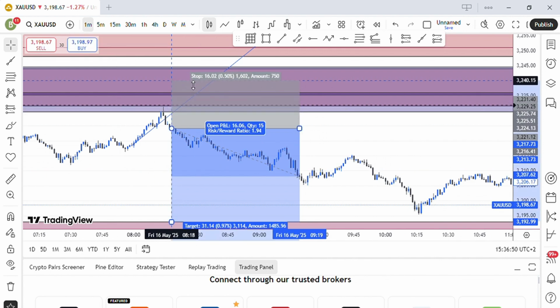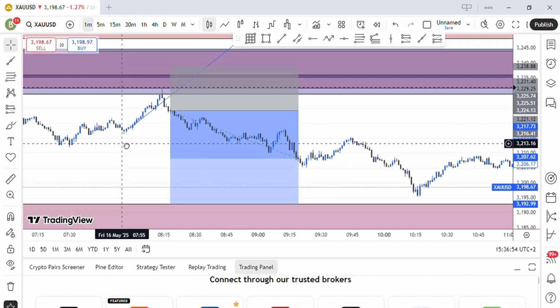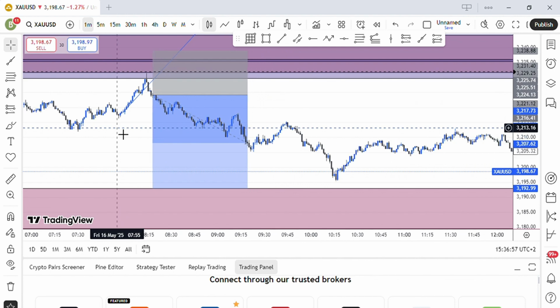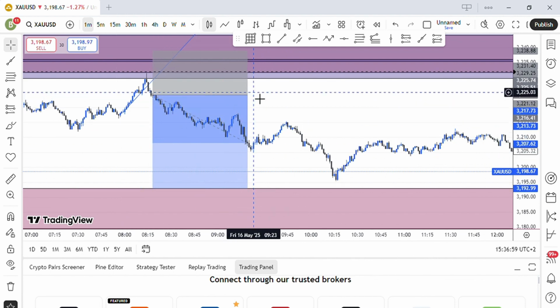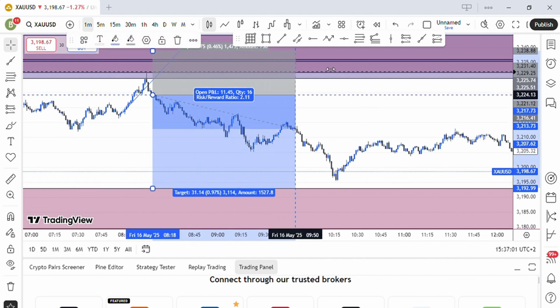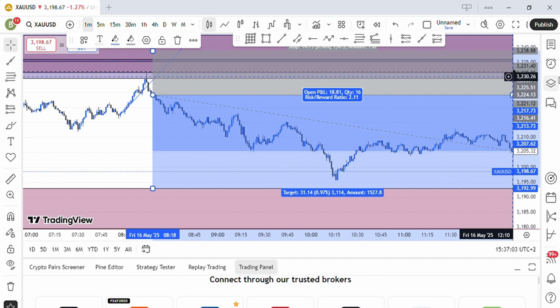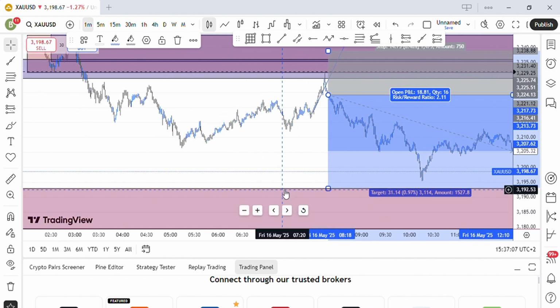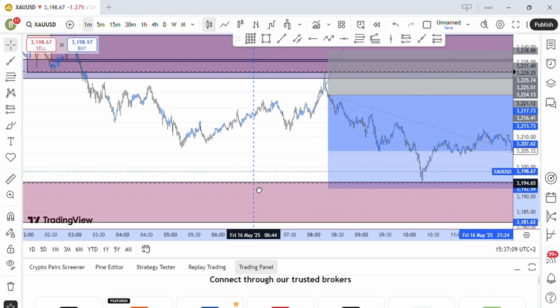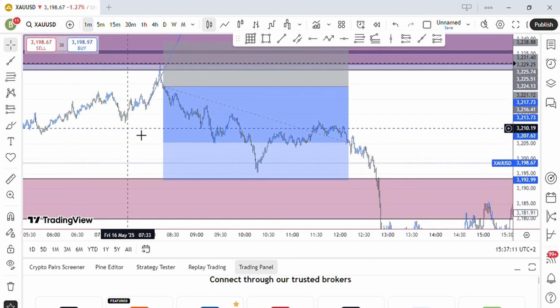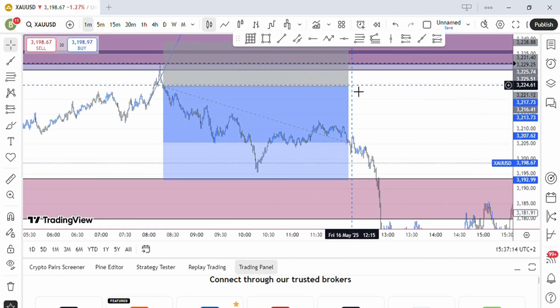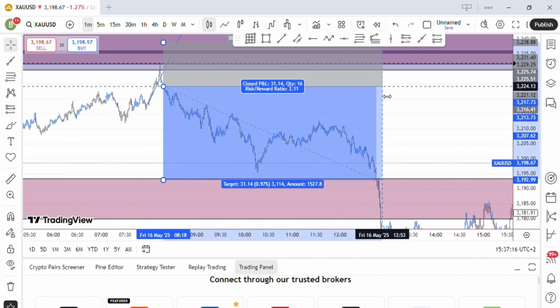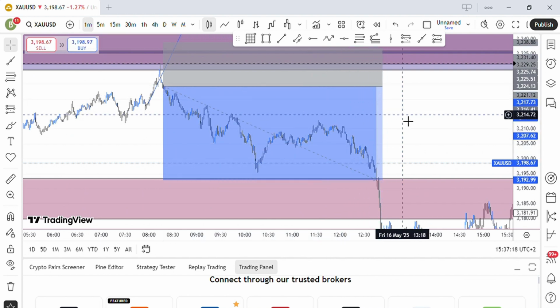Usually it's 1:2, so somewhere around there is where we would have placed our stop loss. And as you can see, this was going to be a very good trade. Full TP. This would have been a very good trade.